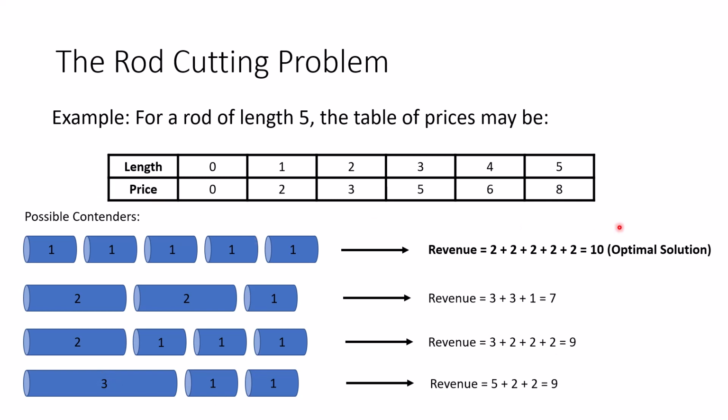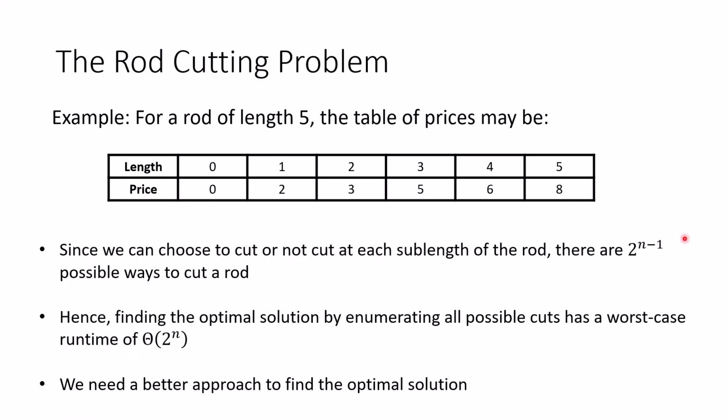So you can already see that this is not the most straightforward problem because there are many, many different ways to cut up a rod, and specifically there are 2 to the n minus 1 ways to cut a rod. Let's suppose you have a rod of length 5.